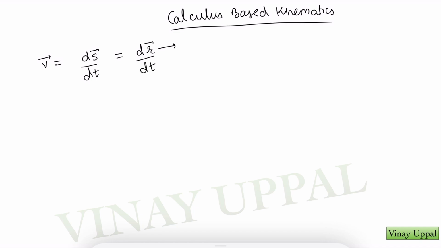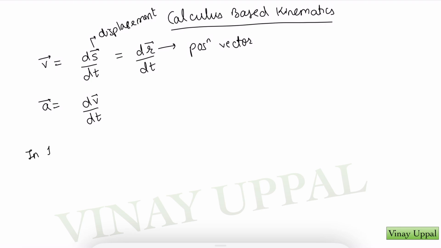So R here is a position vector, and S vector is the displacement vector. And instantaneous acceleration would be dv by dt, the rate of change of velocity vector.